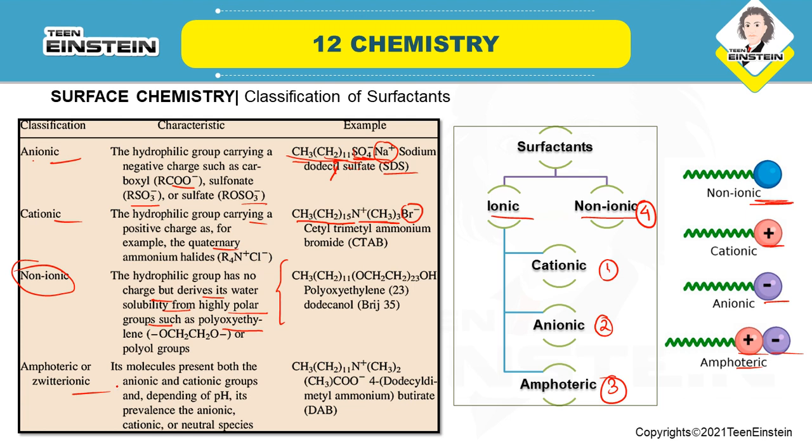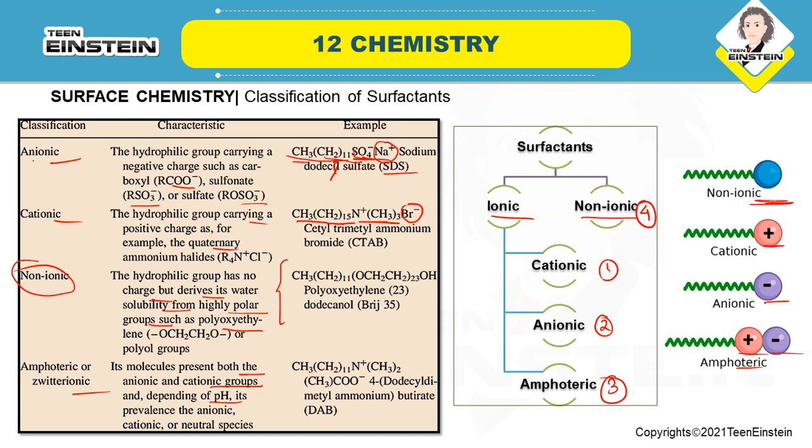And the last type, amphoteric or zwitterionic. These molecules present both anionic and cationic groups, and depending on pH, whether it will mainly exist as anionic, cationic, or neutral species is completely dependent on pH.